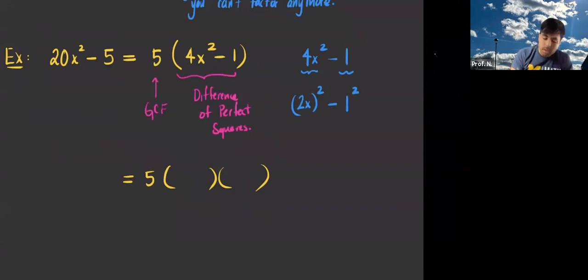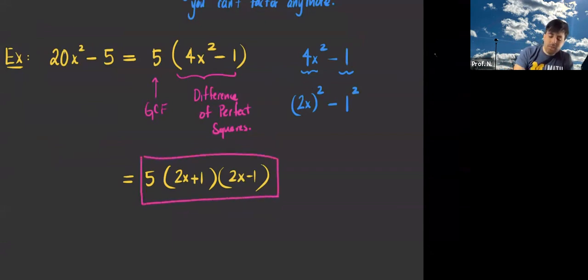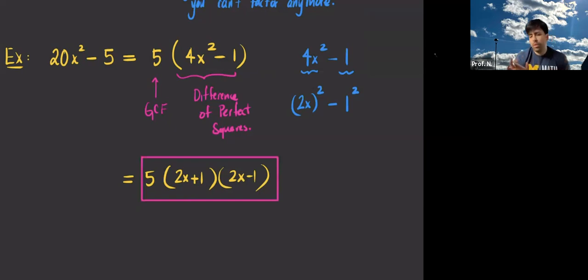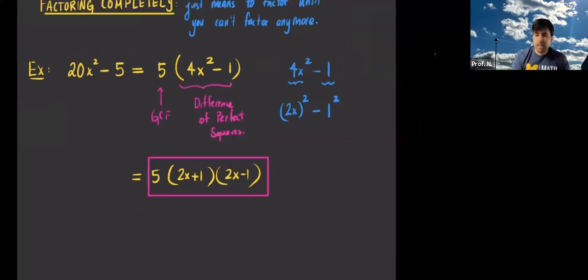This becomes (2x plus 1)(2x minus 1). And therefore, I have completely factored because I cannot do anything further. I can't break down 2x plus 1 or 2x minus 1. It's called irreducible form. So that's my complete factorization. 20x squared minus 5 is completely factored into 5 times (2x plus 1) times (2x minus 1).